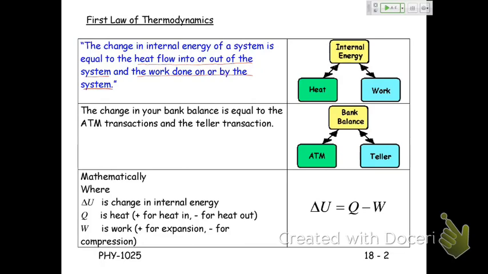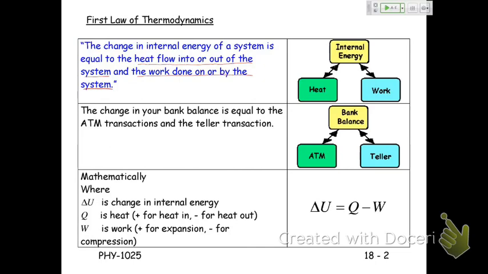Then the obvious answer is, yeah, and you also went to the ATM machine and you drew out $200. There's no magic here. You paid $100 into the worker, but you took $200 out of the machine. I know how you did this. It's not some magic or some crime. You just used the two ways in and out of your bank account. It's the same thing with the heat. Yeah, you used a Bunsen burner to put energy in, but you might have expanded it to take energy out.